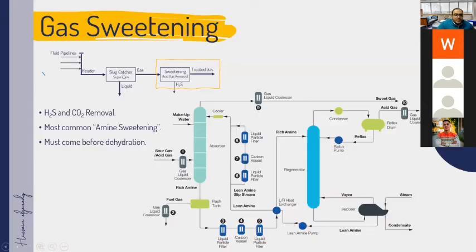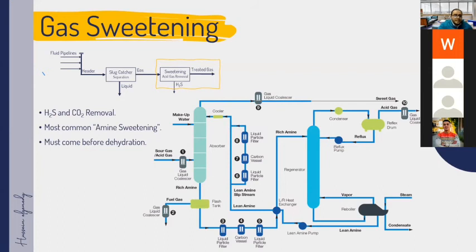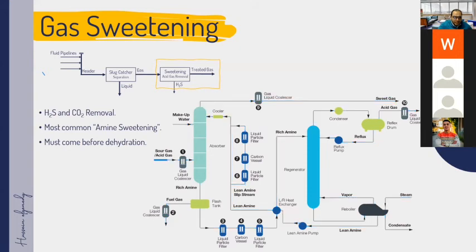The next process is the sweetening unit, or the acid gas removal unit. The main purpose of the acid gas removal unit is to remove the H2S, but sometimes CO2 is removed with the H2S, based on the solvent selected or the process selected. The most common sweetening process is the amine sweetening process, which consists of the absorber and the regenerator.